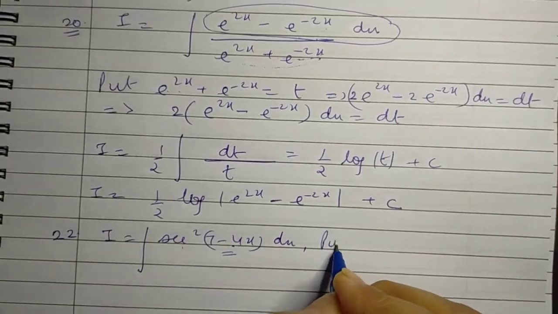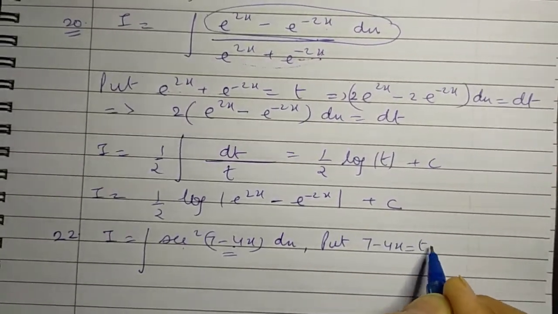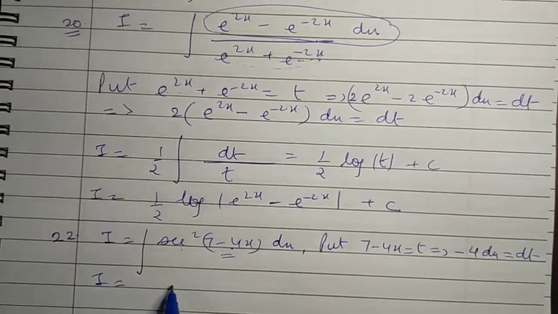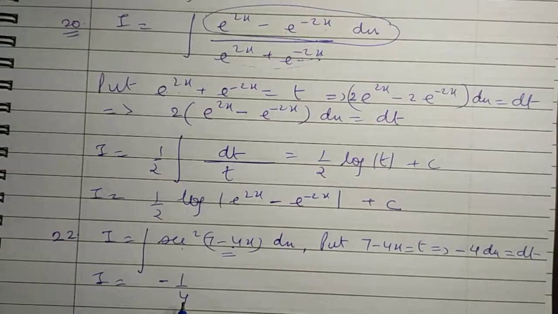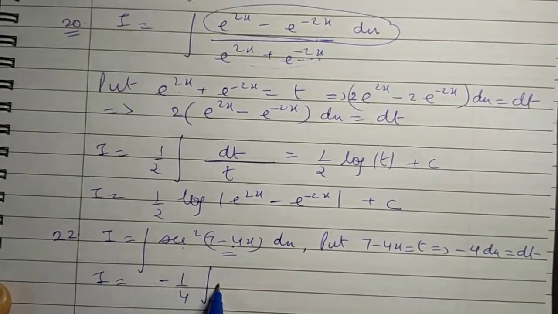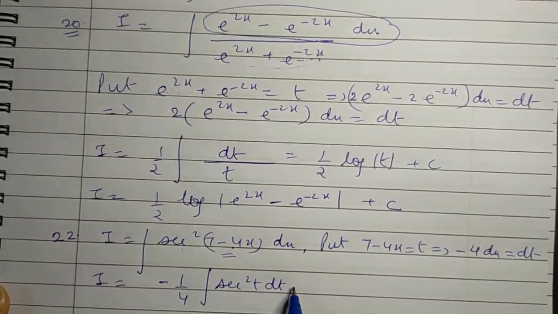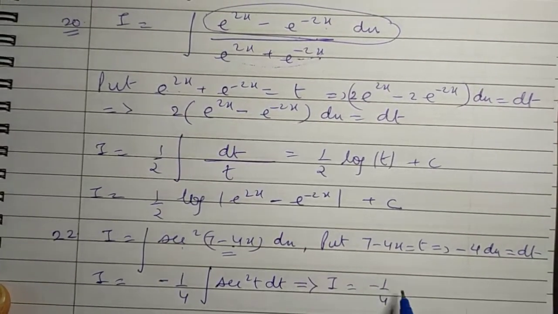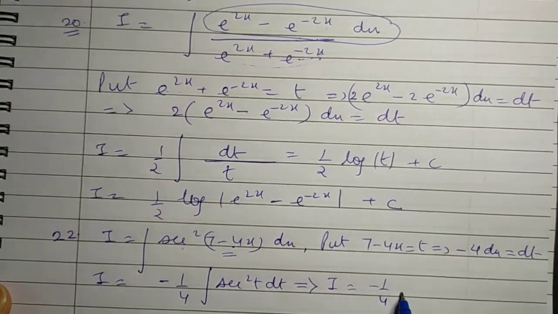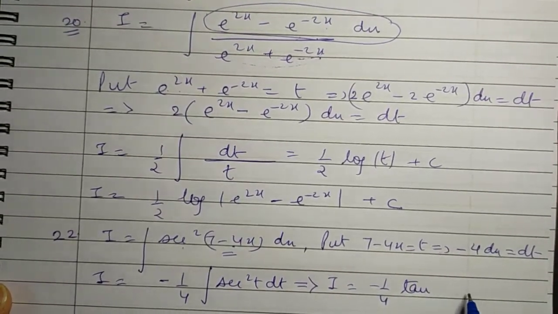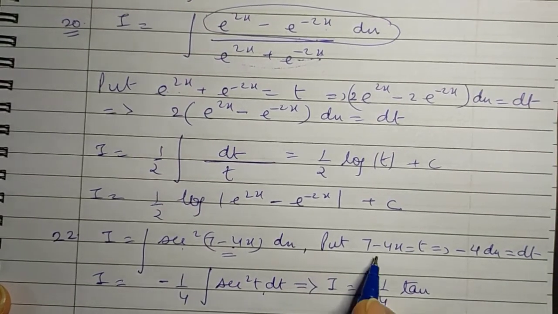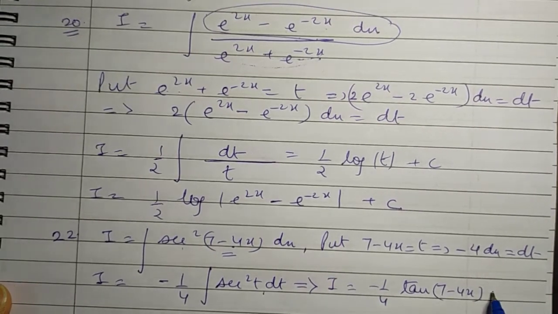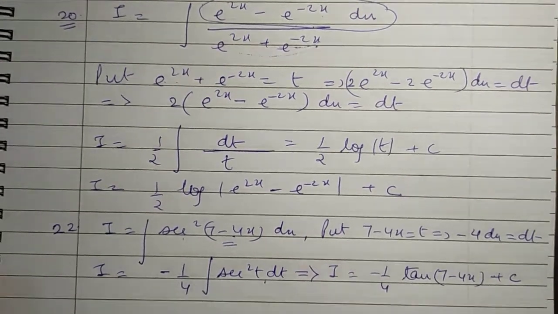So you put 7 minus 4x as t, which gives us minus 4 dx as dt, and so I becomes equal to minus 1 upon 4 integral of sec squared t dt. The integral is directly tan t plus c, and in place of t I will write 7 minus 4x plus c, and this is the answer.